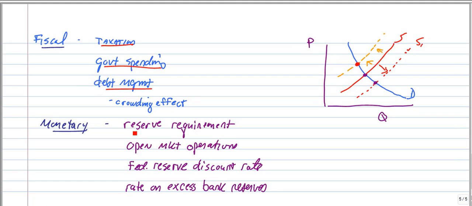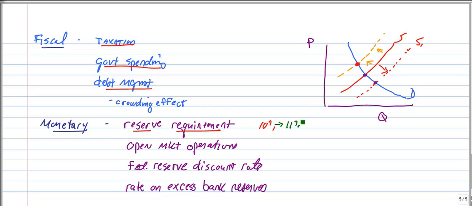Well, the Fed, through their reserve requirement, can affect the money supply. Let's say, for instance, 10% is the reserve requirement. All banks must keep 10% on reserve. And then the Fed changes their mind and says, let's make it 11.